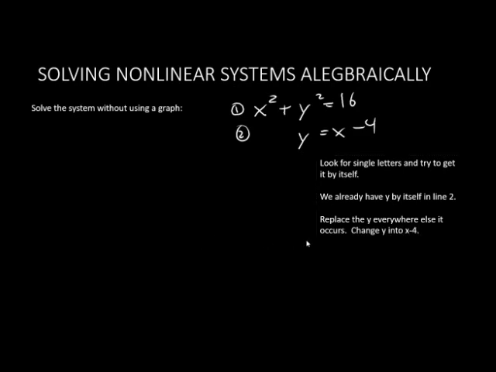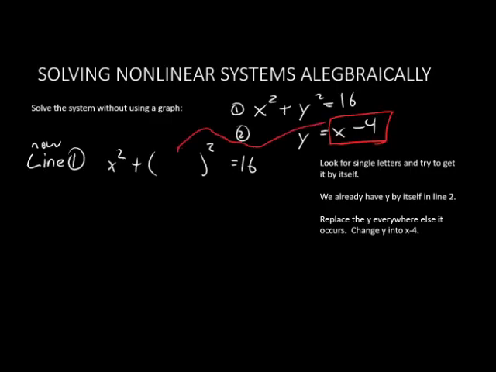So what we'll do is go to line 1 and replace the y. We will get a new line 1. We'll have x squared plus y squared equals 16. However, that y will now become x minus 4, and we'll place it in these parentheses. Now we can simplify.